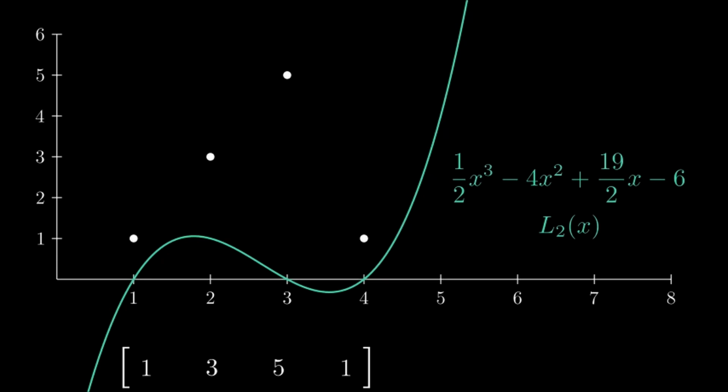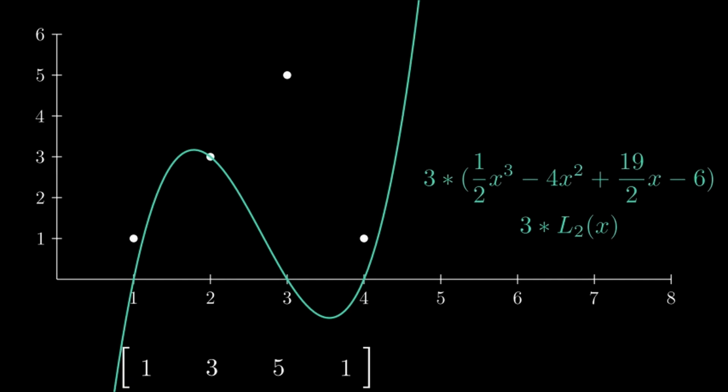Now on the right here I write L2(x), that's our shorthand notation for Lagrange polynomial 2, and above that we have the coefficient form. Now if I want to commit to this vector that takes value 3 at x equals 2, all I need to do is take 3 copies of this Lagrange polynomial. So 3 multiplied by L2(x).